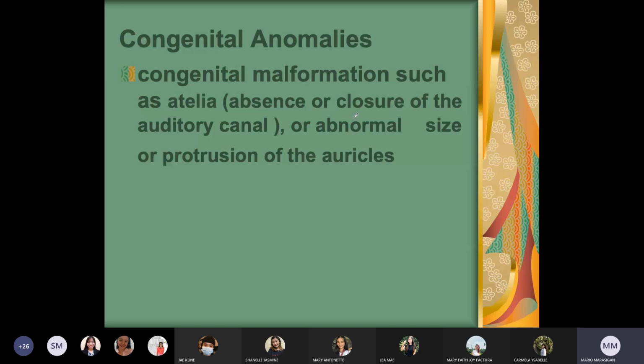Minsan maliit, minsan parang naka-twist yung ear covering the canal, no? Or an abnormal size or protrusion of the auricle. Baka naman yung ear mo ay mahaba o matulis yung parang mga dwarfs. So you need to take note with that.